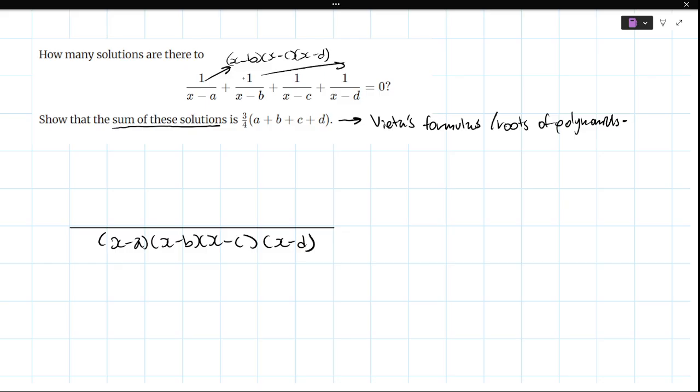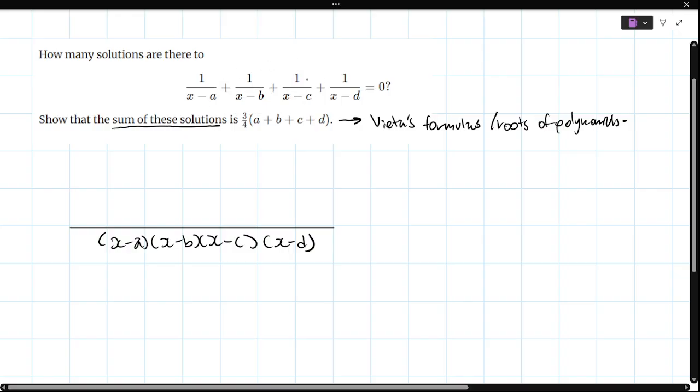Here we're going to have the same thing, except we won't have x minus b, but rather x minus a. The same thing with this fraction, but we won't have x minus c, but rather the missing one out of the three. And the same thing with 1 over x minus d, where we won't have x minus d in the numerator, but we will have every other denominator.